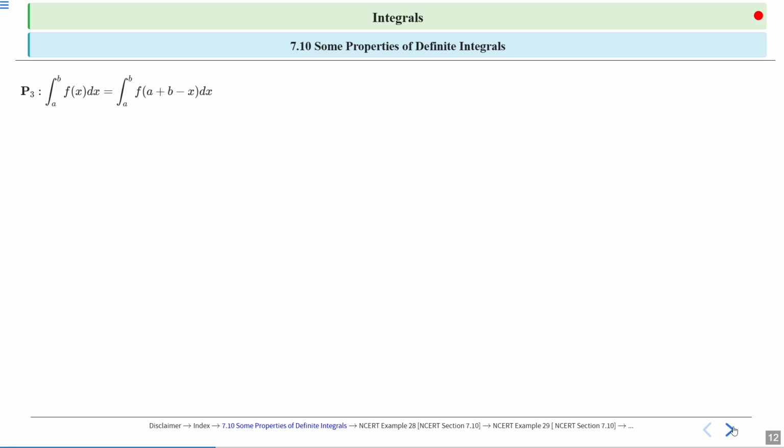So if the limits go from 0 to pi and we have to integrate sine x, then the integral from 0 to pi of sine x dx can also be written as the integral from 0 to pi of sine of pi minus x dx.